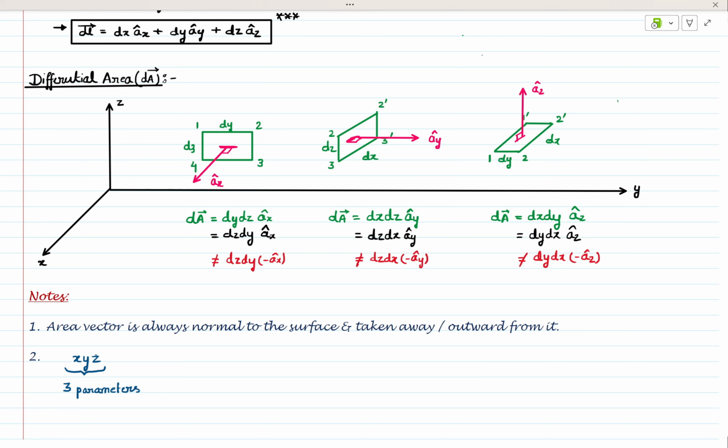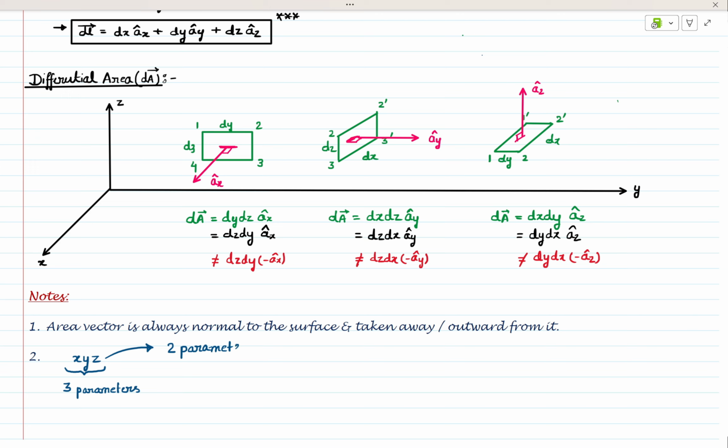Now, among these three parameters, if two parameters give the area, any two parameters, you can take x, y, or y, z, or x, z.